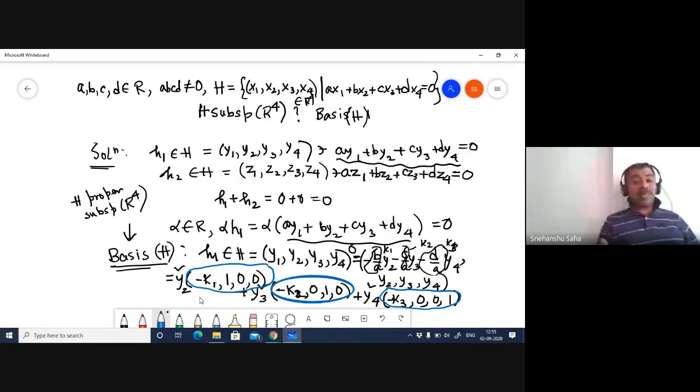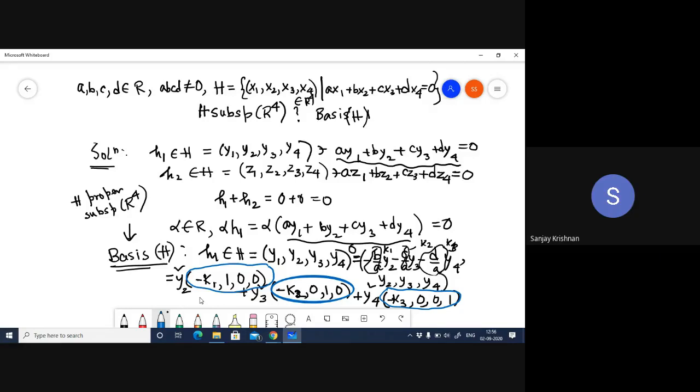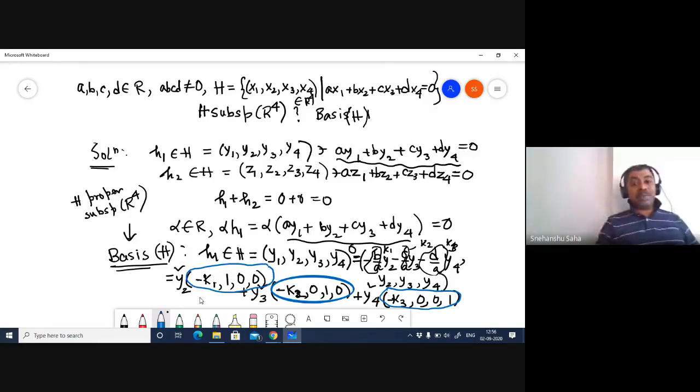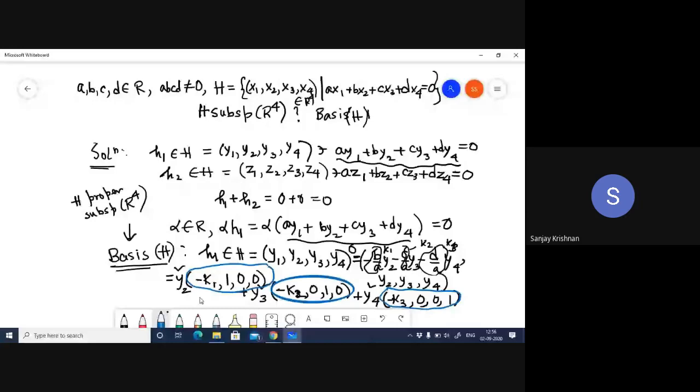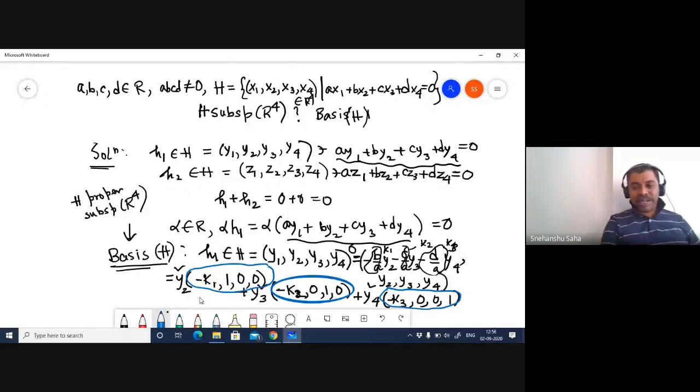If that were not the case, you would be able to express one of these vectors as a linear combination of the other, and there goes your linear independence out of the window. Very good, Sanjay. So therefore, it forms a subspace, and the basis of the subspace is these three vectors, because it's a spanning set as well as linearly independent. I just had to show one example.